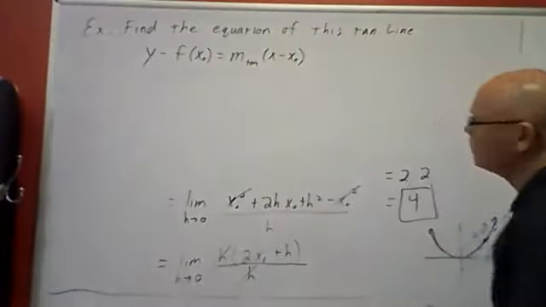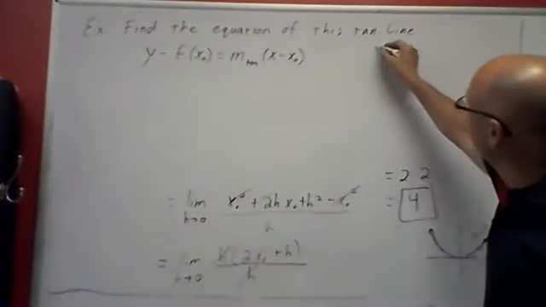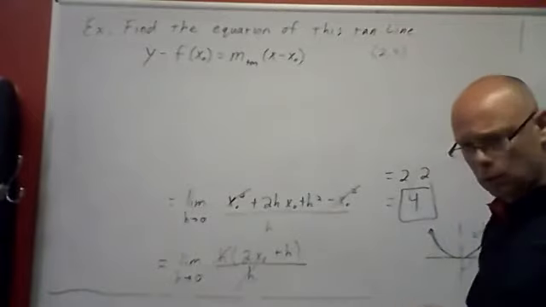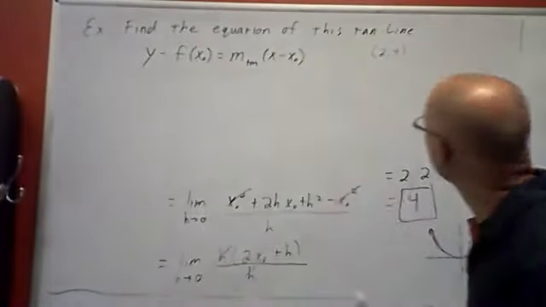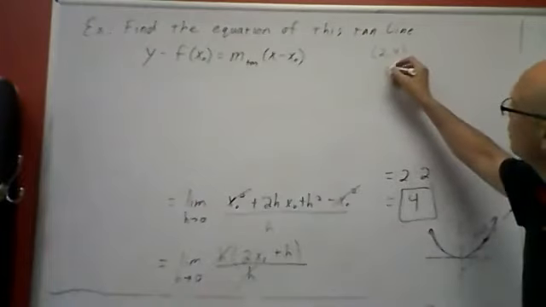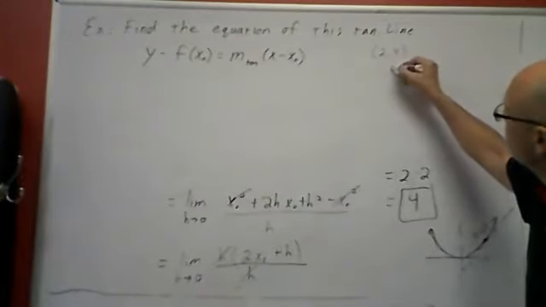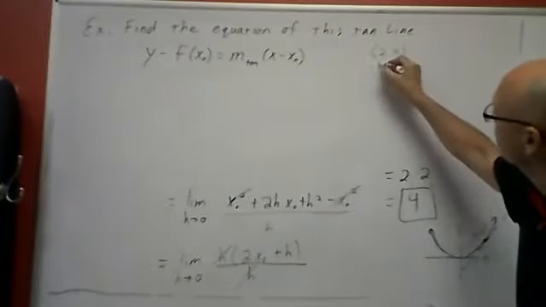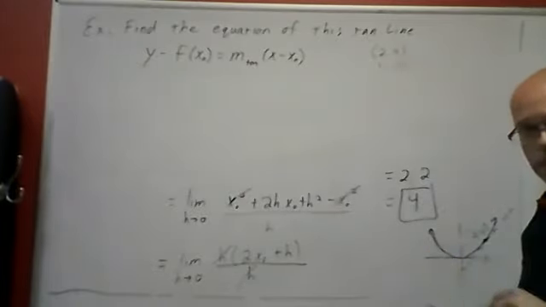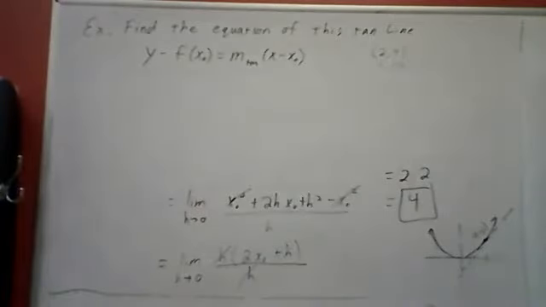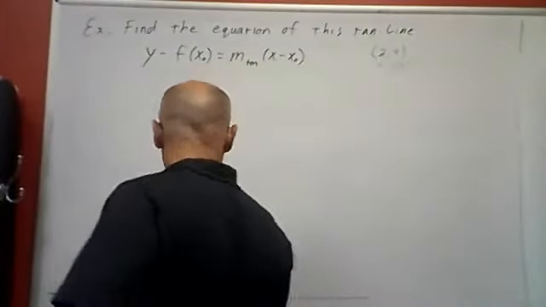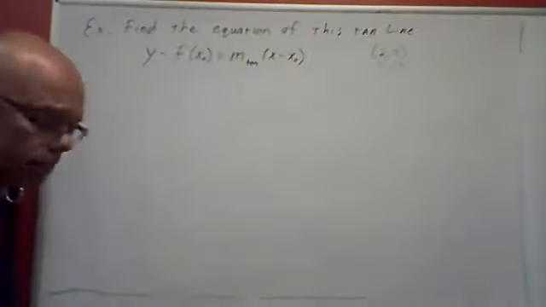Now, keep in mind from part A, we had the point 2, 4, and we said 2 was the x naught term, and 4 was the f of x naught term. All right. And what did we also say from part A? That the slope of my tangent line, m tan, was what?